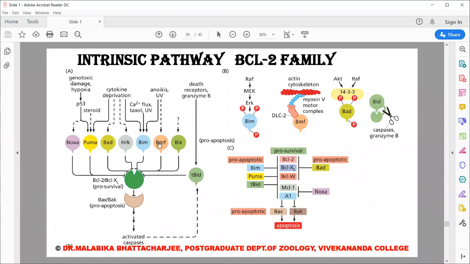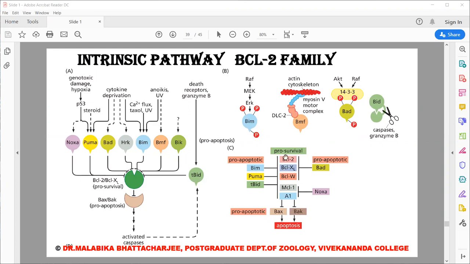What do these regulators do? In normal condition, the pro-apoptotic members, the killer category, BAX, or BAK, remain bound to the pro-survival members.